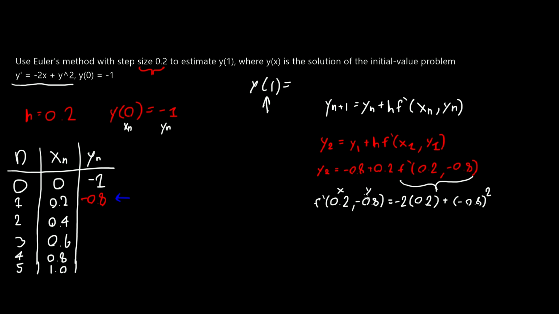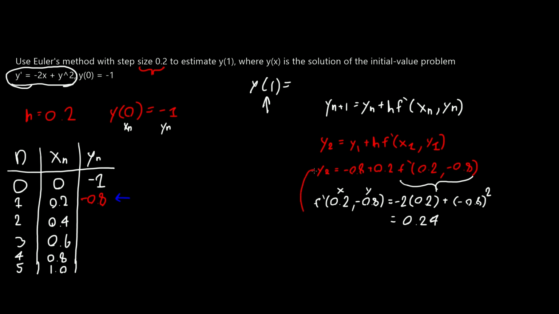If you're wondering where I'm plugging these numbers, I am simply plugging them into our equation right over here. It's the y prime equation that they gave to us. So whatever x sub n and y sub n are, I end up just plugging them into this in this step. And if you wanted to, you could solve the f prime as you move along with the problem, but I just like to solve it first here, so then I could just plug in a single number like we did last time. It just speeds things up a little bit more. So then this is going to equal 0.24.